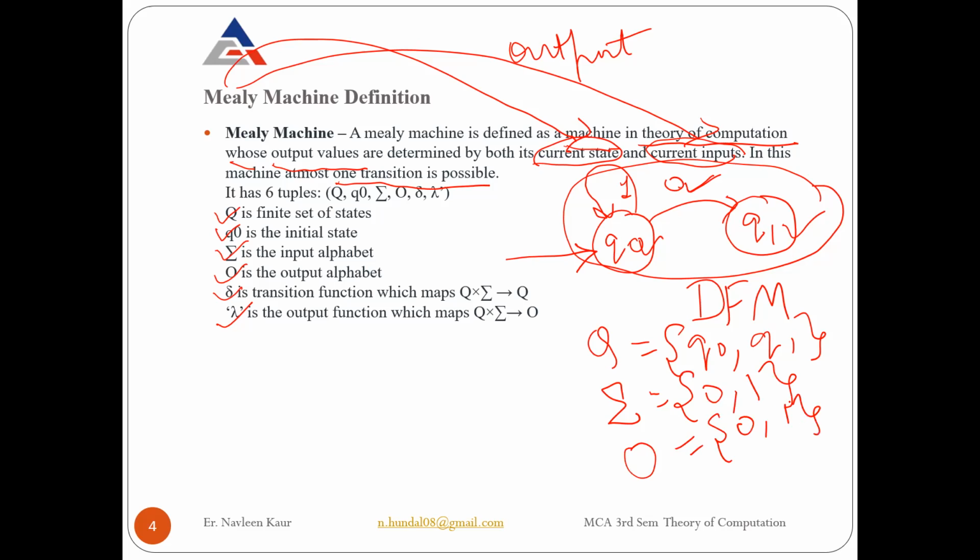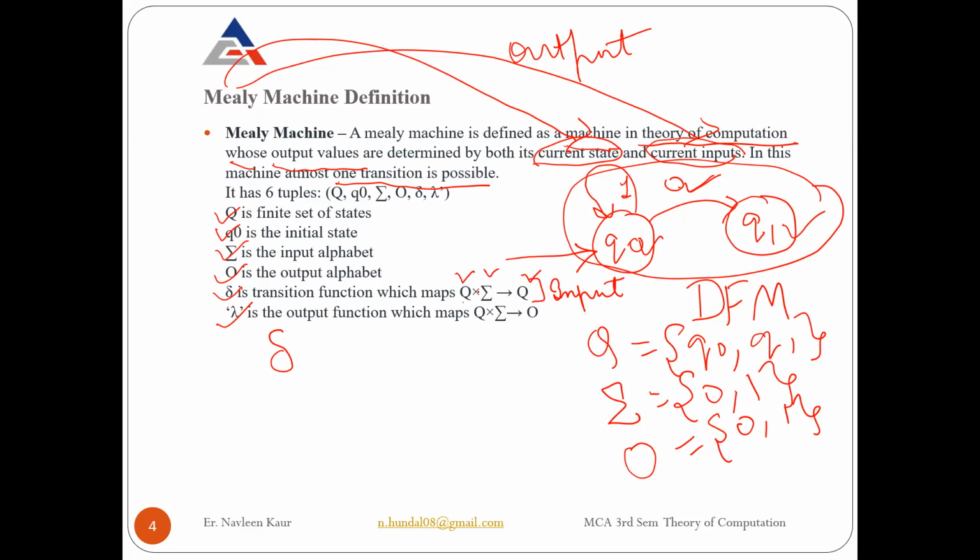I will show you with an example in the next slides. Then this delta is the transition function. This transition function maps, on the basis of current state and input, what your next state is.